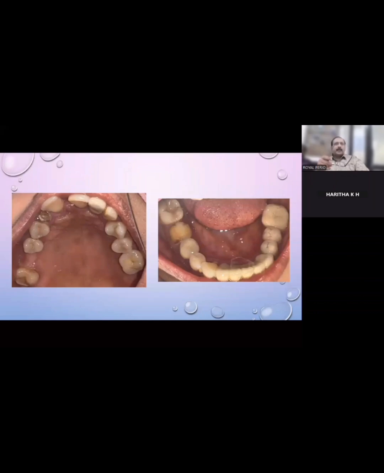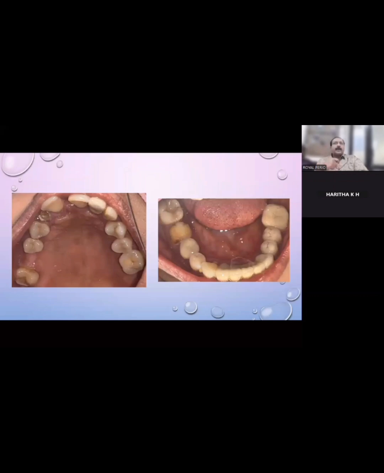You don't want to touch 1-7. And you want to leave 2-4, 2-5 and 2-6 there. And even add 2-3. 2-3 to 2-6, you are going to retain the natural teeth, and even 1-7. The rest you want to extract and rehabilitate.